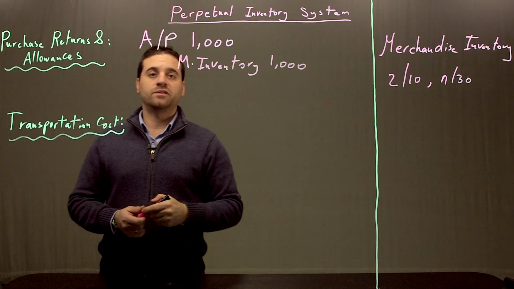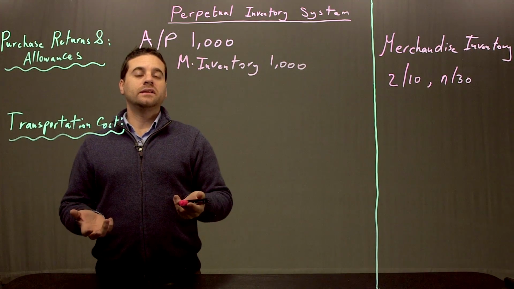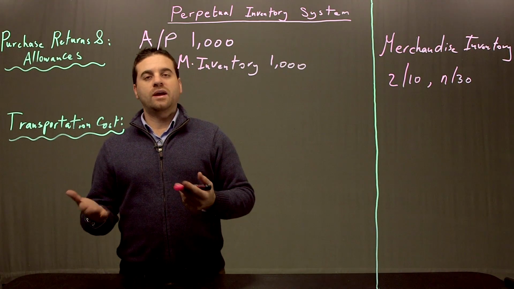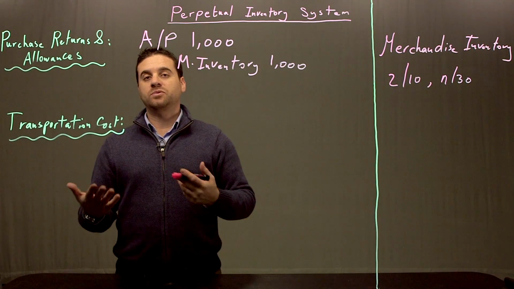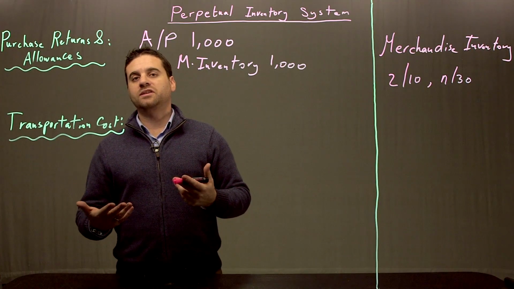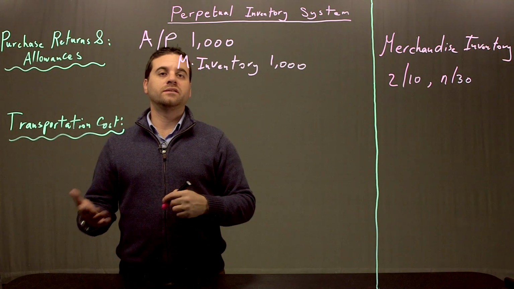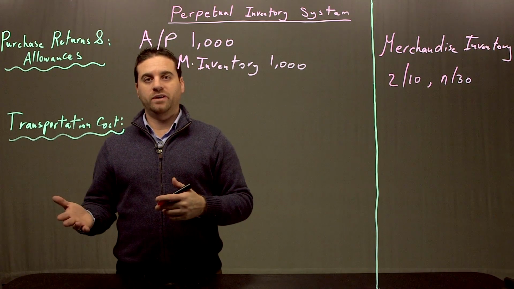The other thing that we need to consider is the transportation. There are two types of ways we deal with transportation. There's FOB destination and there's FOB shipping point.